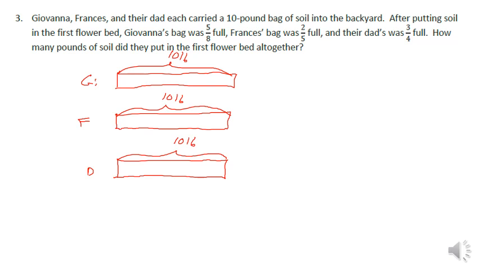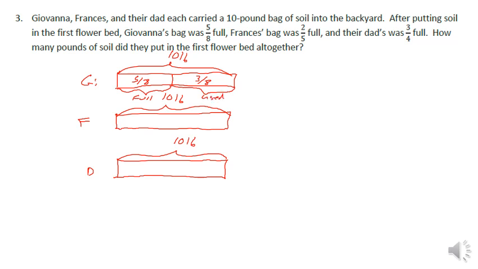Okay, so Giovanni's was 5/8 full. 5/8, and that was full. So that means if it's 5/8, in order to be a full bag, he had to use 3/8, because 5/8 plus 3/8 would be 8/8. So this is what he used.